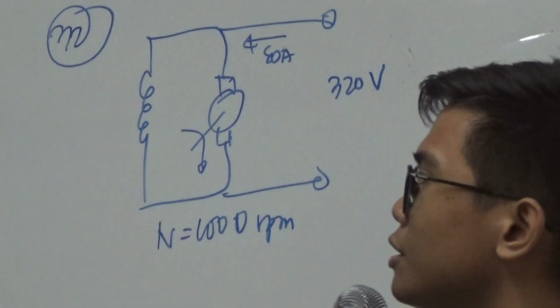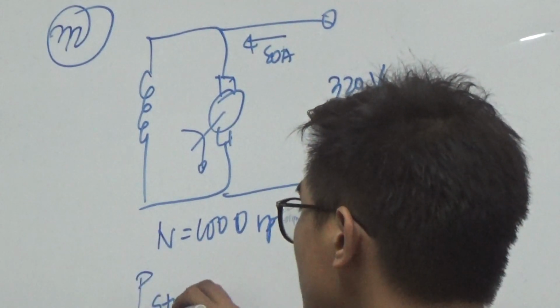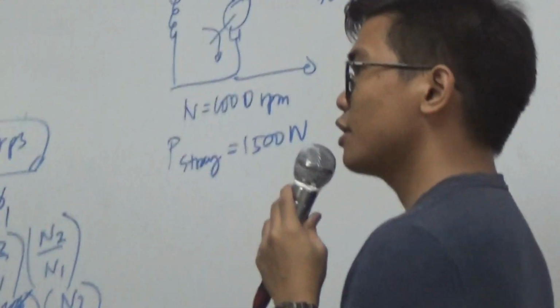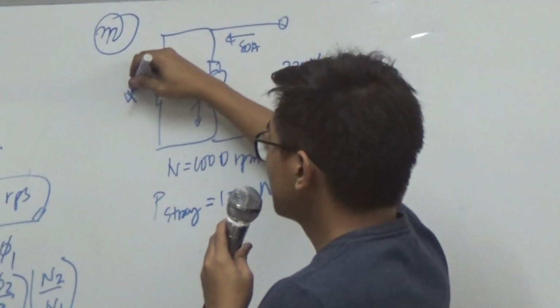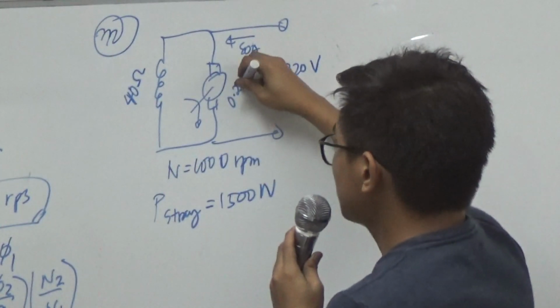If the iron friction and voltage losses is equal to, so P stray is equals to 1.5 watts. The shunt field resistance is 40 ohms. And the armature resistance is 0.2 ohms.